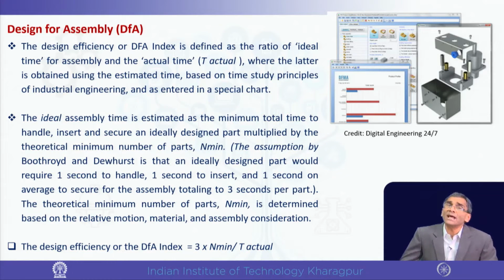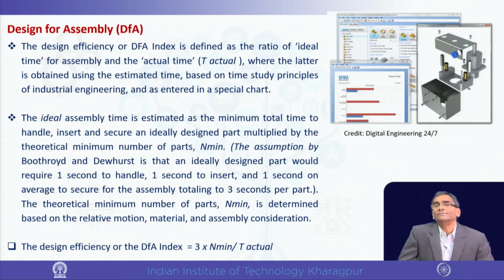There are methods of estimation, which I am not going into, but there are also charts from which one can find out the time, or one can try with similar components to check whether the time coming out is acceptable. So a chart has to be established for that particular operation.